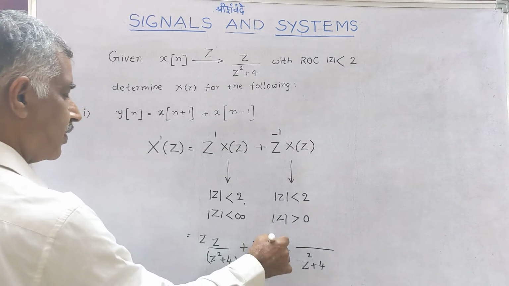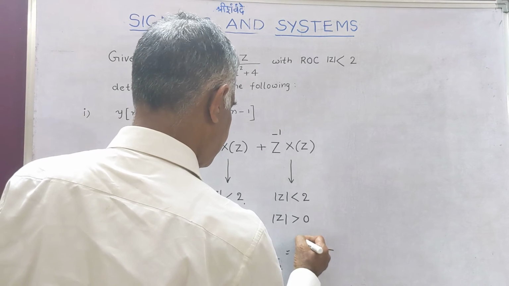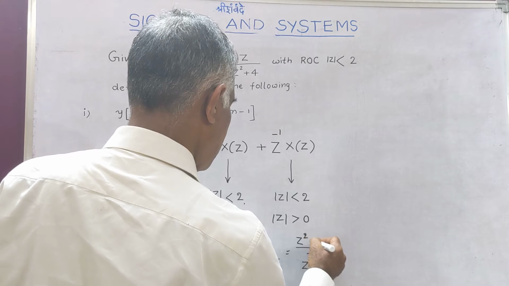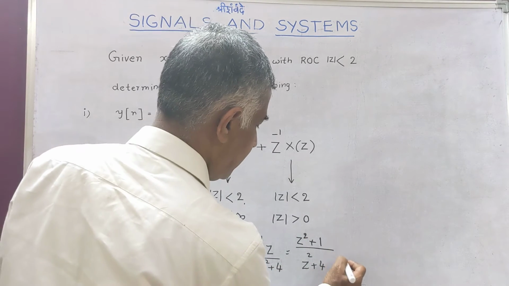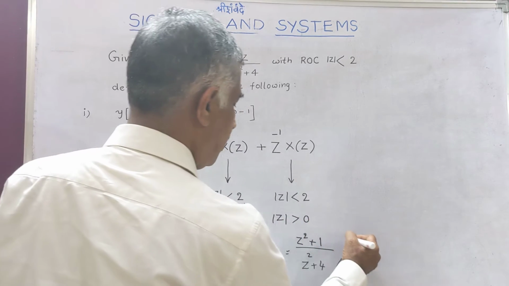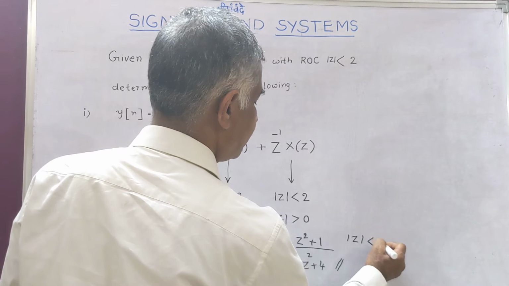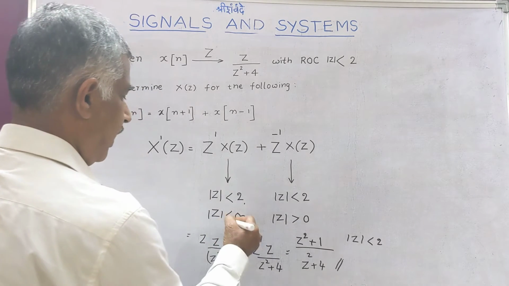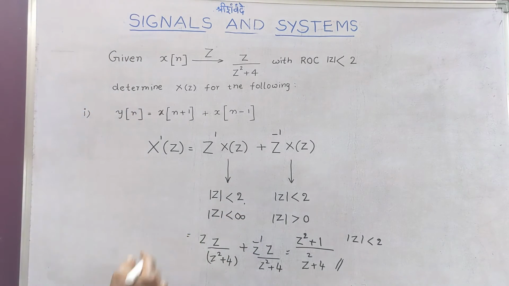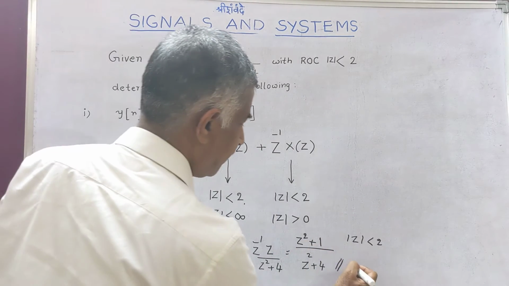Here z to the power of minus 1 cancels with z, so z square plus 1. This is the answer. And the region of convergence is mod z less than 2.